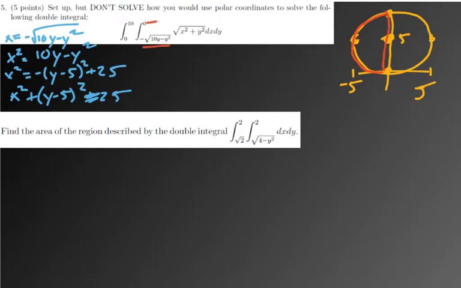So this is my region that I'm integrating over, and you can see it matches well because we're going 0 to 10 in y, which is the 10 up there. So definitely a polar problem because it's some sort of circular region.